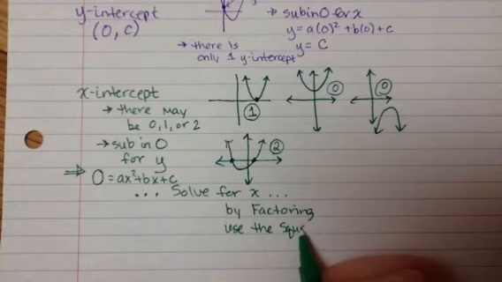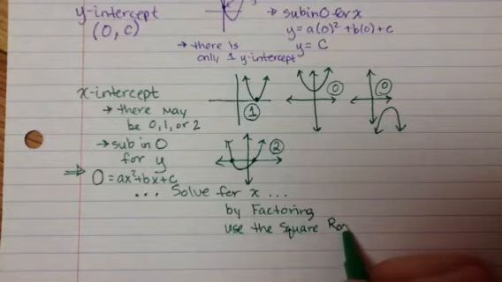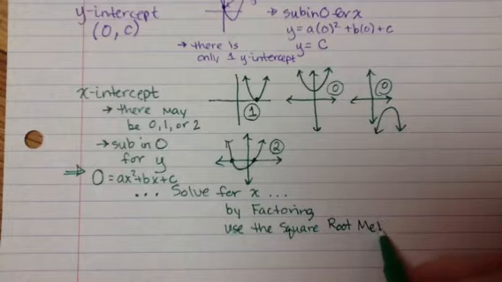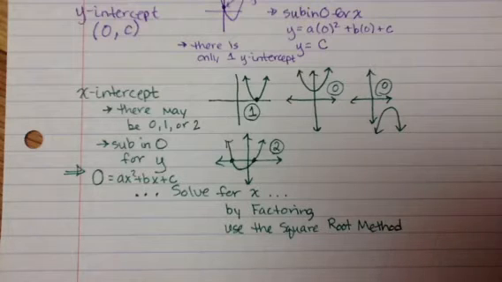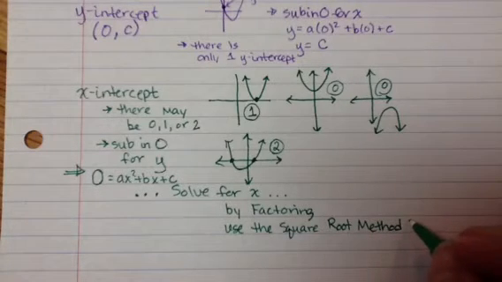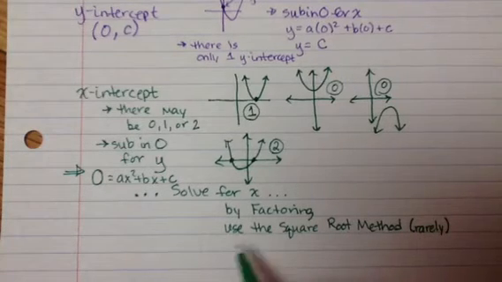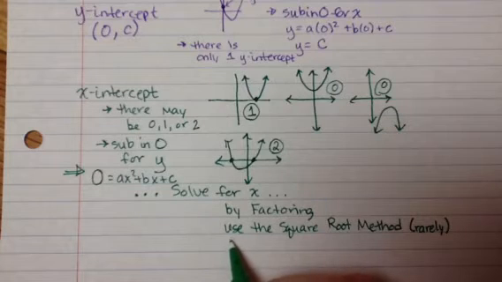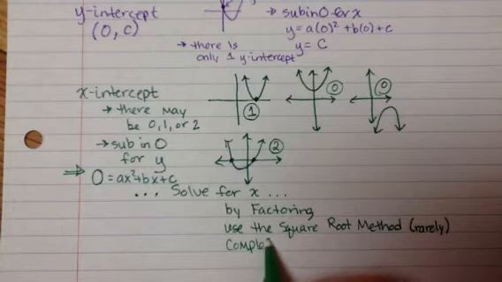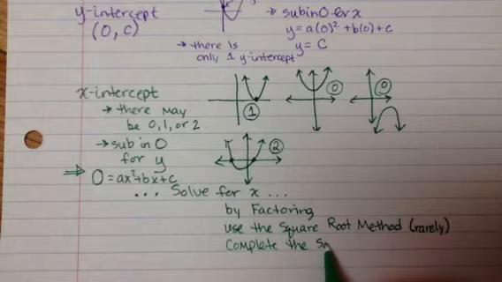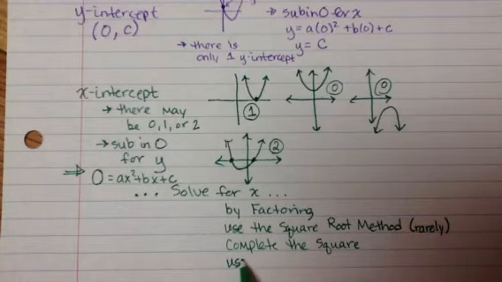Now the square root method will not work unless there's just a squared thing. So the square root method is rarely used. Or we could complete the square. And the fourth and final method that we used to solve quadratic equations was the quadratic formula.